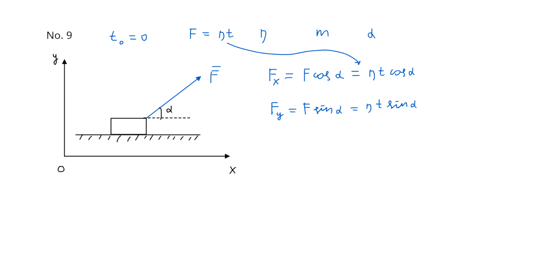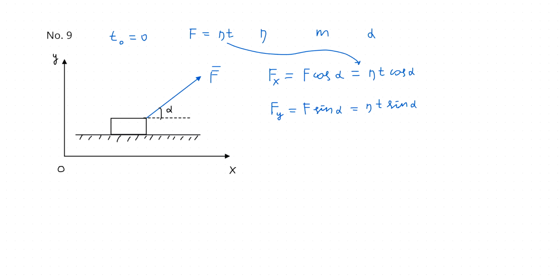F equals ma, yeah. We can. Yes, Newton's second law of motion we can use, and find acceleration from here. So while the body is slipping, it moves only in the horizontal direction along this horizontal plane.